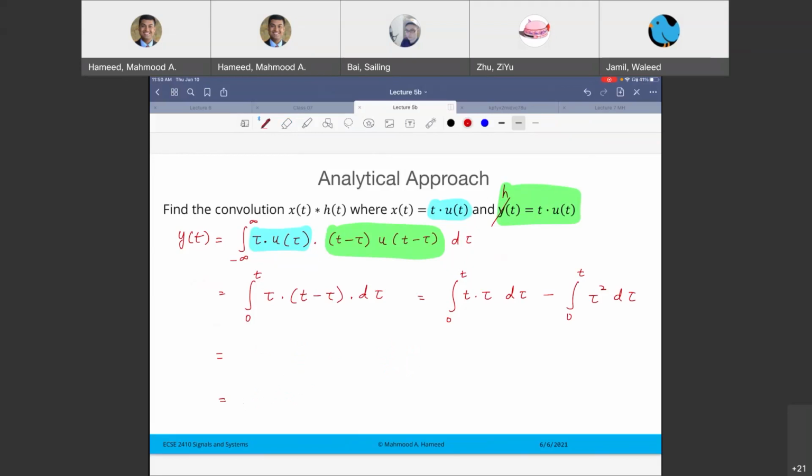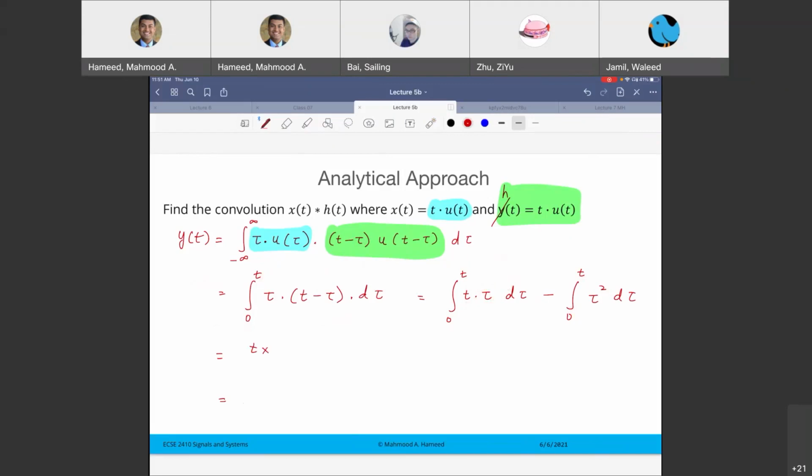So you've got, let's see, tau d tau. I think we are missing something here. Yeah, so 0 to t is fine. Next we have t tau from 0 to t, minus tau squared from 0 to t. If I integrate out tau, I'm left with t, right?